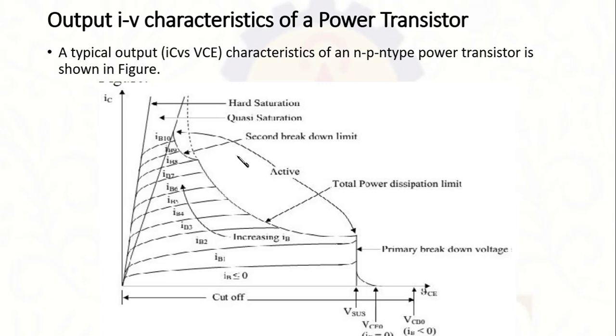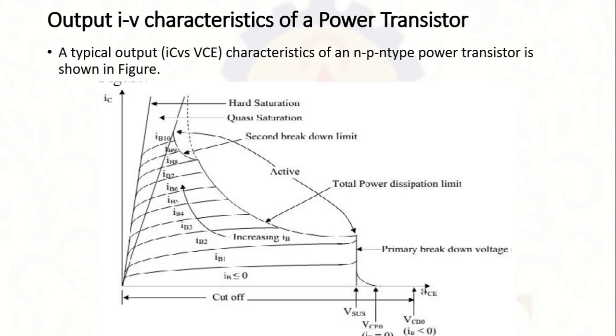Which is called the current filaments. You should write it down. Current filaments. The factor is that the power dissipation is not uniformly spread over the entire volume of the device, and this leads to the formation of current filaments.